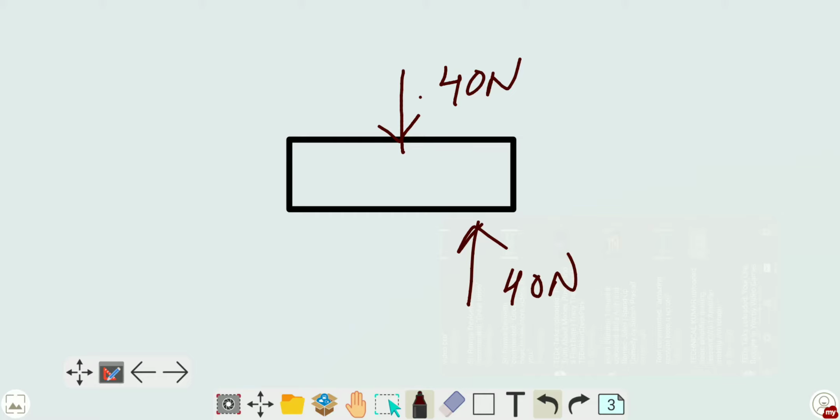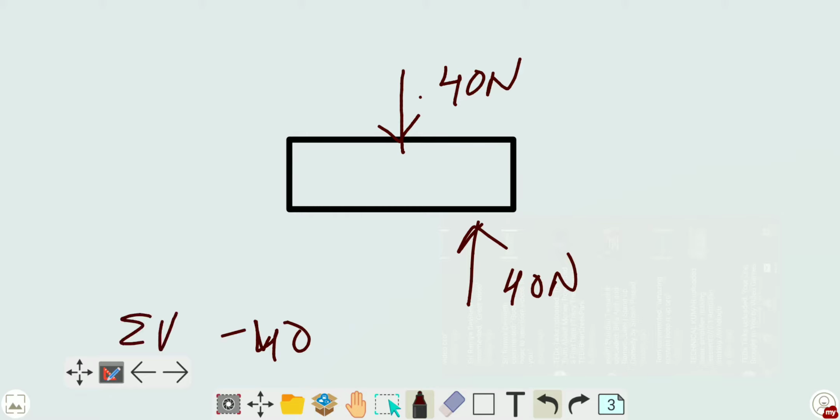In order to find out the final result of the forces, the force which is pointing downwards is negative, so it is taken as minus 40.